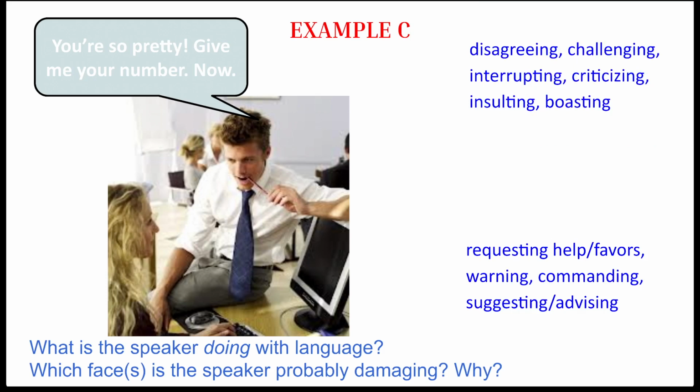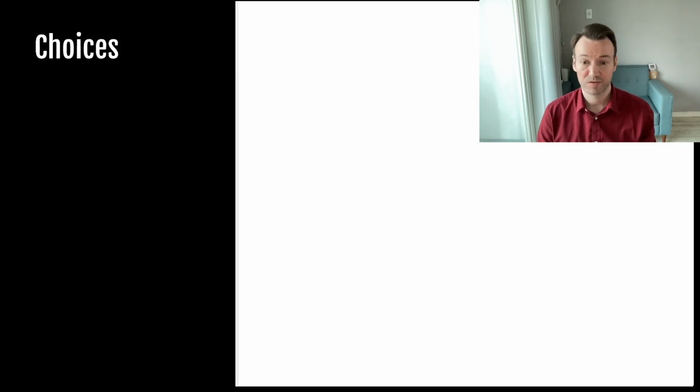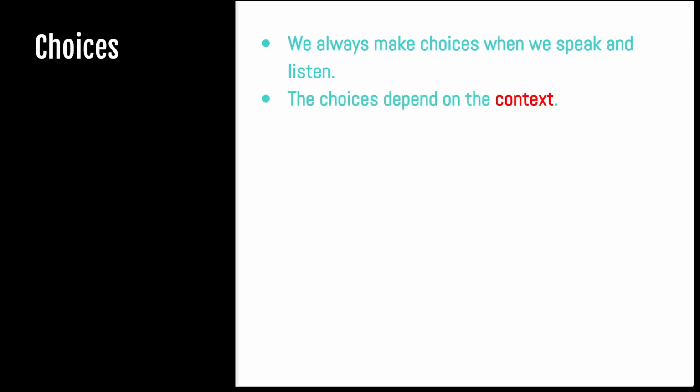And the language we choose, be it direct or indirect, can damage the involvement face or the independence face. In every interaction that we have, we are making choices. Our choices affect everything. We make choices when we speak, we make choices when we listen. The choices depend on the context.